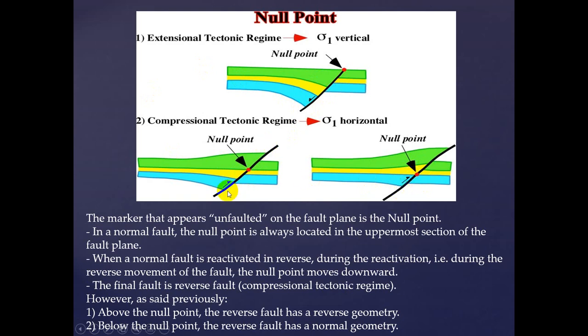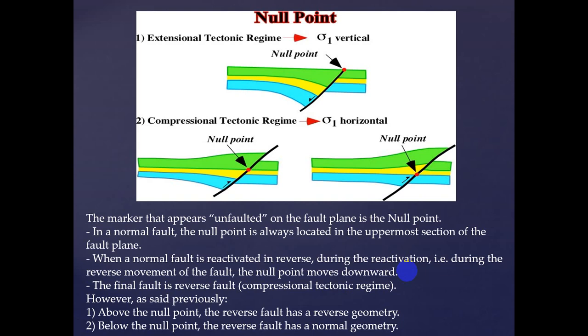Here we have two segments of faults. Above the null point, the fault gives a reverse sense of movement. Below the null point, the fault gives a normal sense of movement. So when a normal fault is reactivated in reverse, due to inversion of tectonics, the null point moves downward.